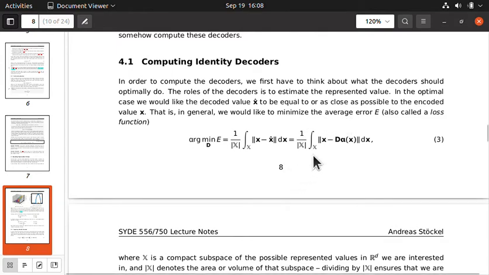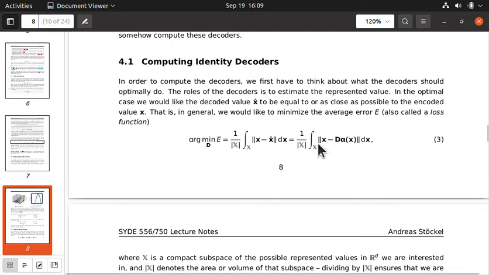And we're just going to be doing least squares minimization. We're going to say, okay, what's the norm of the difference, because in general this is going to be a vector. If X is a vector, the decoded value is my activities, the activities for each X, multiplied by that decoding matrix. And we're trying to find the D value that minimizes this error. This error is also sometimes called a loss function.